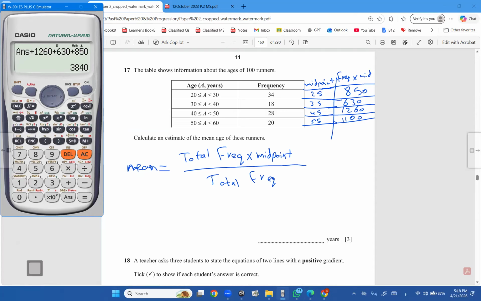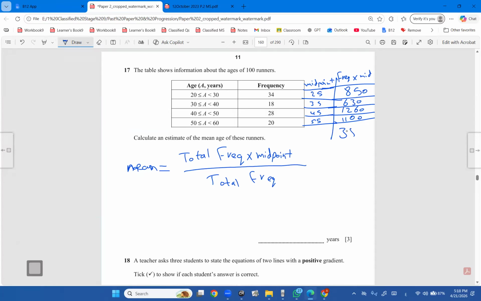Now I've got the total of the last column, which is 3,840. So it is equal to 3,840 over the total frequency. What is the total frequency? They told you 100 runners. You don't need to add them. So over 100. So what is the estimate of the mean? It is 38.4.